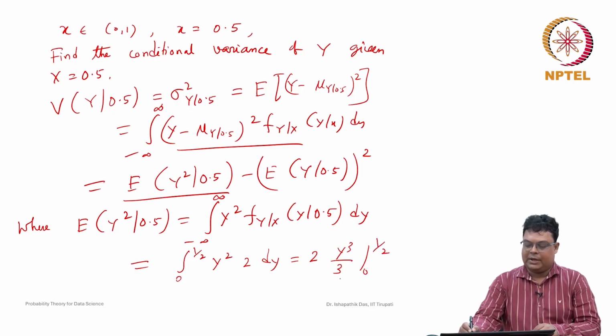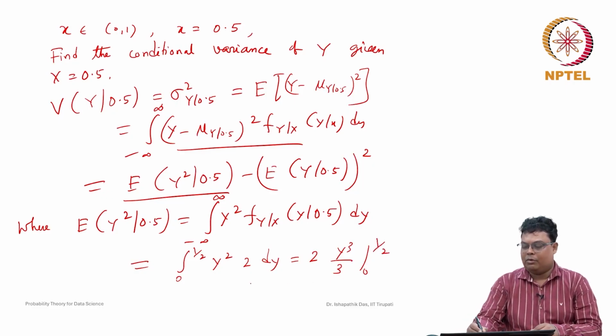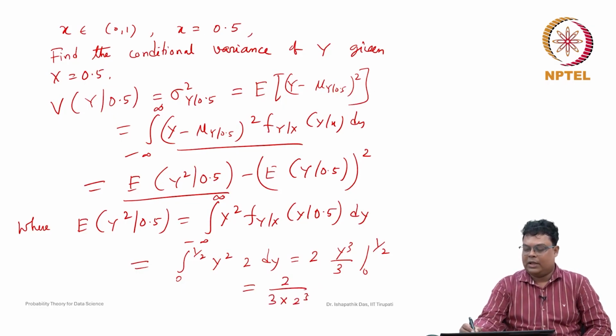So this becomes 1 by 2 cube. So this is 2 by 3 into 1 by 2 cube minus 0. Then it is 2 into 1 by 8, and the 2s cancel, so 4 into 3, 12. So this is coming 1 by 12.